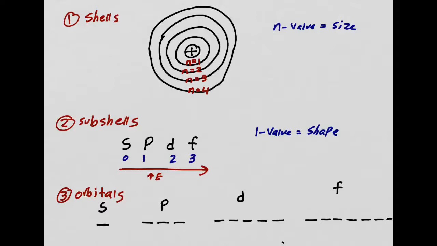If you go to the first energy level, first floor, there is an S apartment. When you go to the second energy level, it's larger, right? It's a larger floor, so I can have S and P. If I go to the third floor, now I can have S, P, and D. I go to the fourth floor, now I have more room. It's a larger floor. I can have S, P, D, and F.